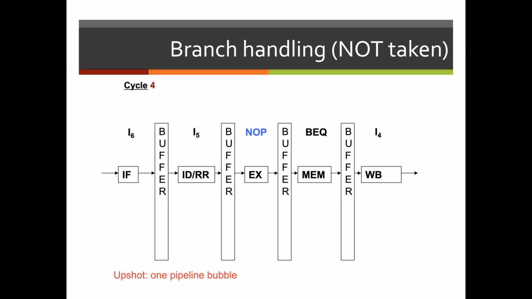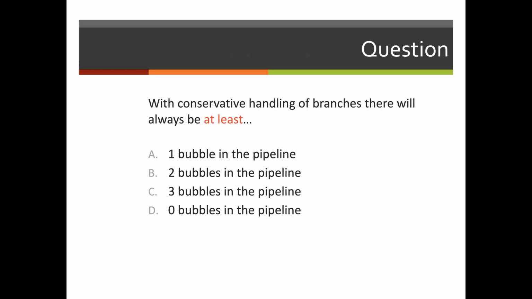And so in this case, the benefit that we have if the branch is not taken is that we have 1 pipeline bubble that has been introduced. And so at a high level, that provides us with an understanding of how a branch instruction is handled in a conservative manner.